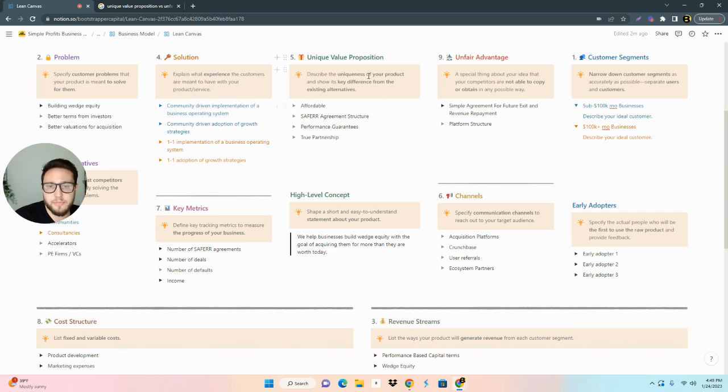So I want you to think about this from the unique eyes of your customers, as opposed to the unfair advantage over here, which sometimes is confusing, like there's a little bit of confusion. Unfair advantage is going to come from the eyes of your competitors. Unique value proposition is from the eyes of your customer. When your customer is looking at you versus your competitor, what do they see that's different about you? What makes you special, right?